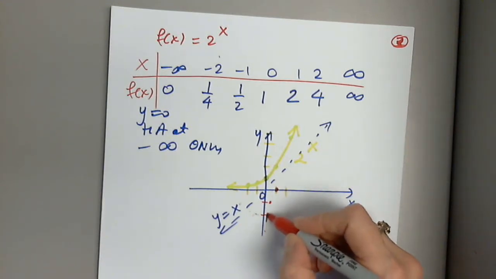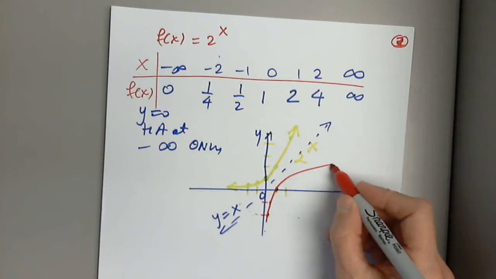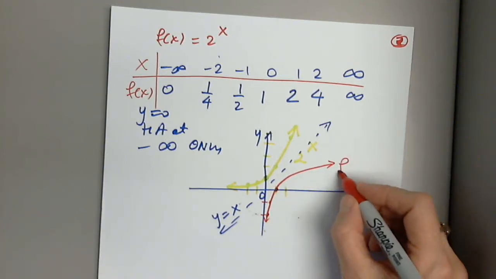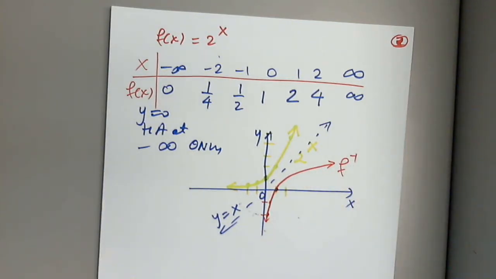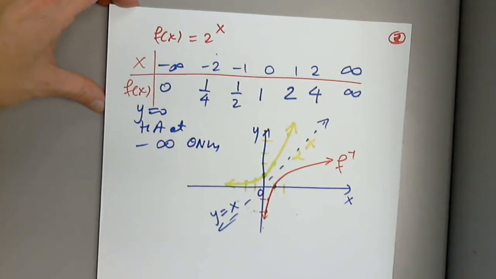And so on and so forth. This is the inverse function. Is it clear that when the base is greater than 1, both the function and the inverse are increasing functions? Is that clear? When the base is greater than 1, the function and the inverse are increasing.